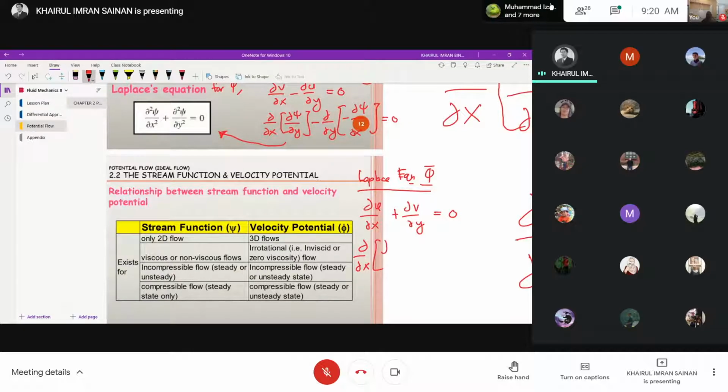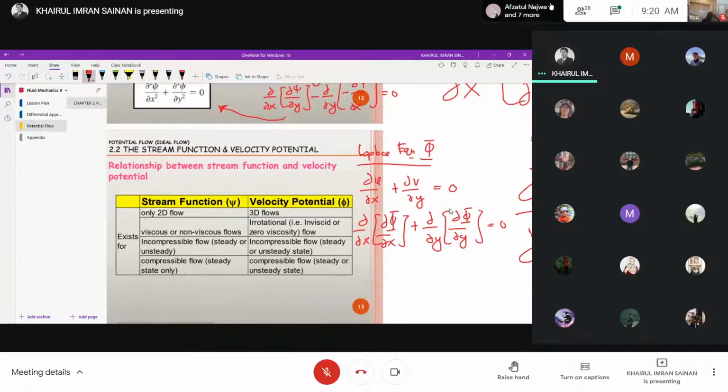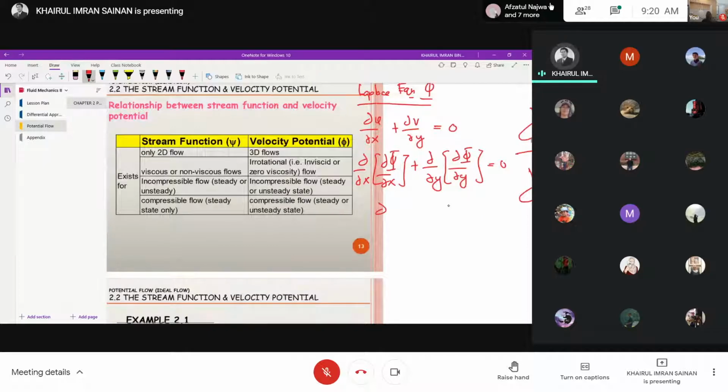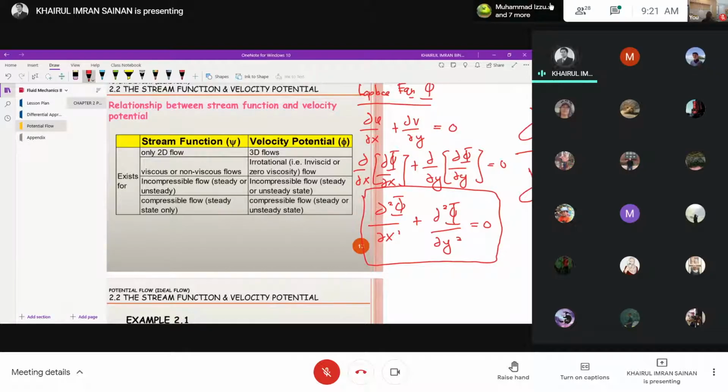Del over del x of del phi over del x plus del over del y of del phi over del y equals 0. So in the end, what you have is del squared phi over del x squared plus del squared phi over del y squared equals 0. So this is the Laplace equation for velocity potential.